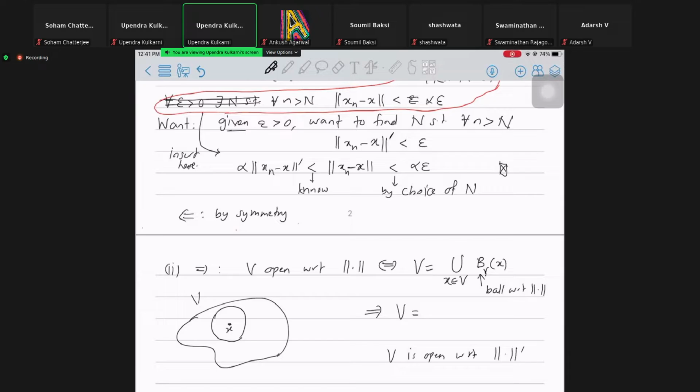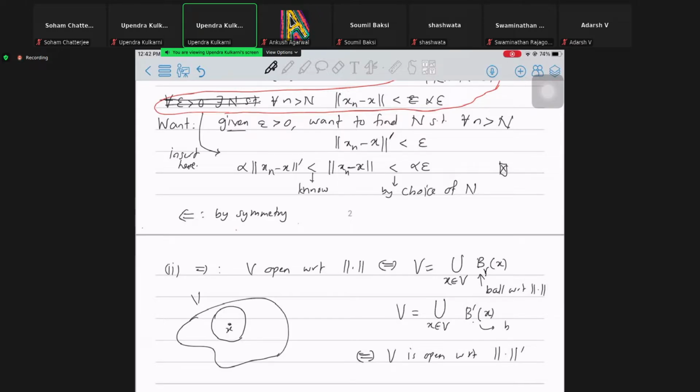But what does it mean for V to be open with respect to a norm? Again, that it's a union of balls, right? So in order for this to happen, this needs to happen: X in V and B prime of X of some radius, correct? Remember, this radius R depends on X. So I need to be able to put something over here.